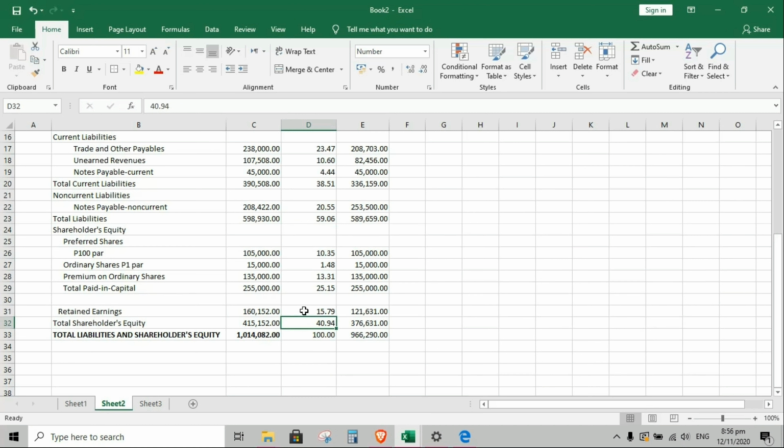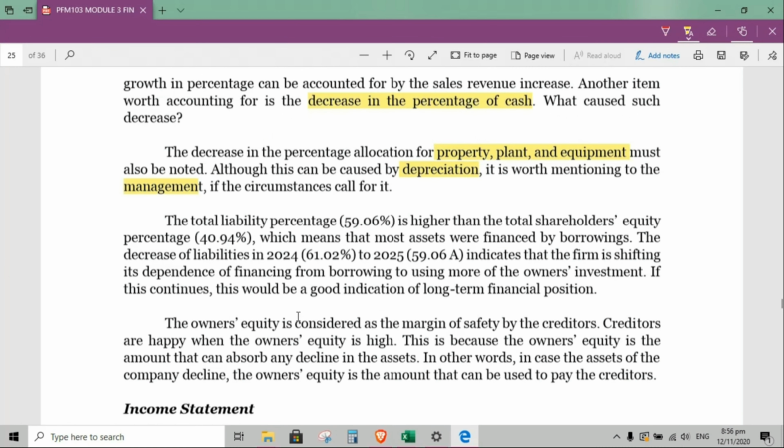Mas malaki yung kanyang liabilities, mga kailangan niyang bayaran, kumpara sa shareholders equity. Ngayon, anong implication niyan? Ibig sabihin lang yan is that ang company, halos lahat ng kanyang pera ay nanggaling sa utang. Mas marami siyang utang.